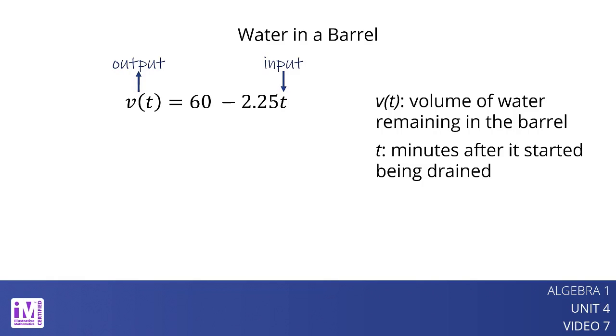Suppose we want to know how long it would take before the barrel has 20 gallons of water remaining, or how long it would take to empty the barrel. Let's find the inverse of function V so that the volume of water is the input and time is the output. Even though the equation is in function notation, we can still solve for t.